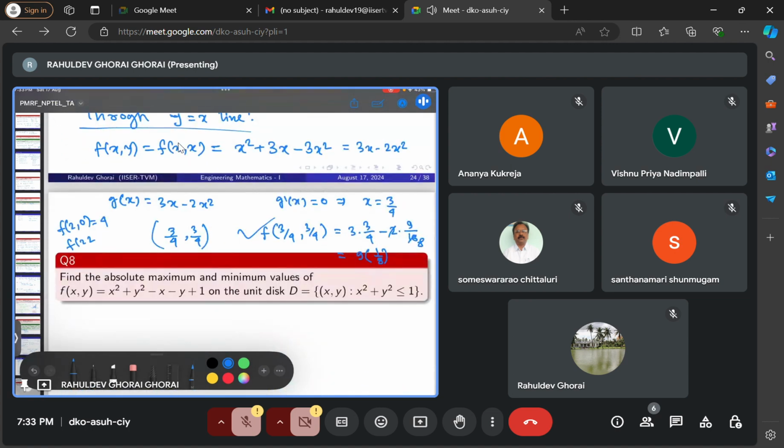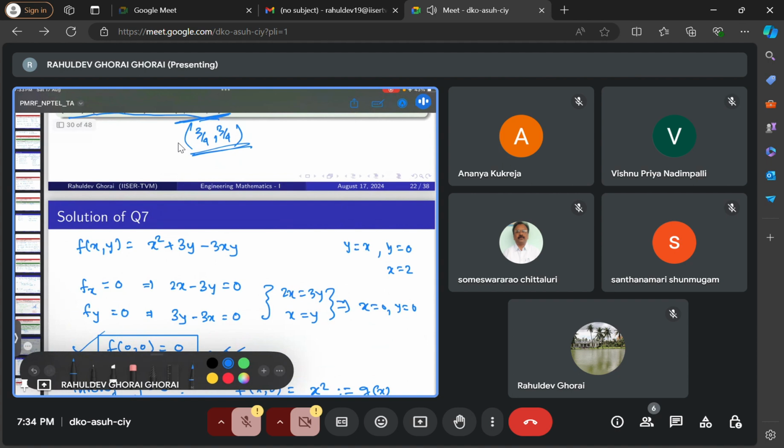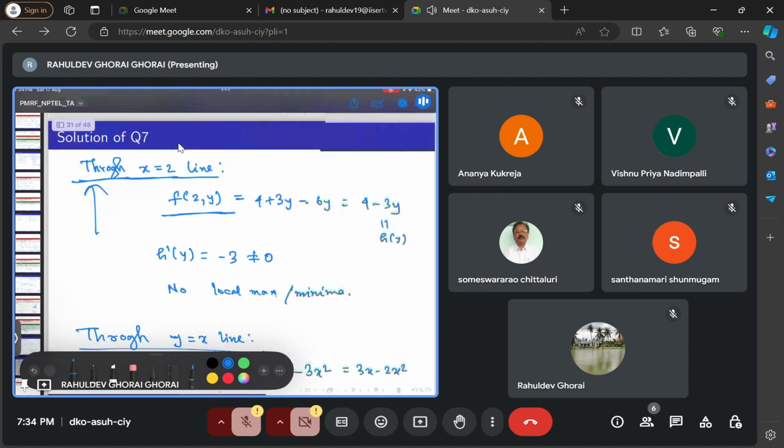F at 2 comma 2 will be 4 plus 6, which is 10, minus 12, is minus 2.